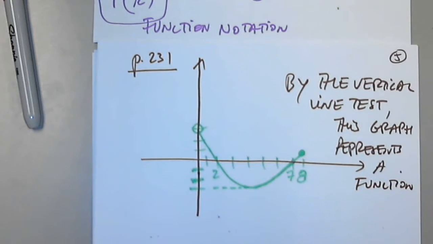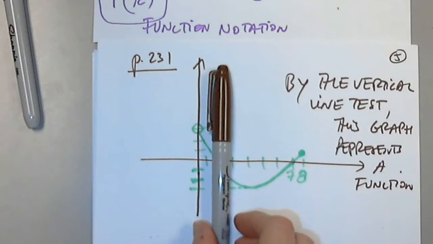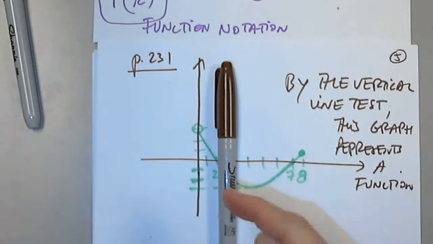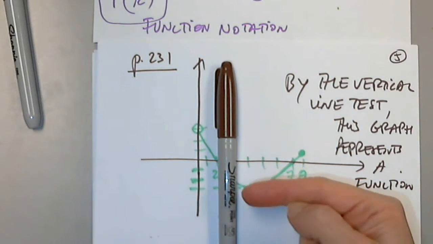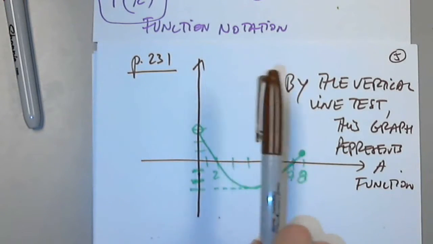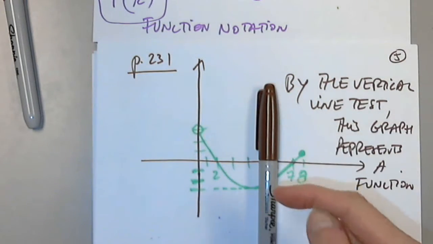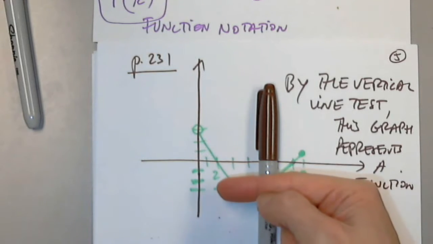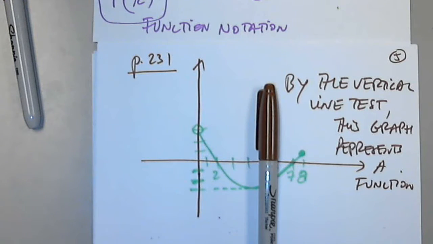What does the vertical line test say? If I draw a vertical line, I see it crosses the graph in one point, and I will be reading only one y value. For this one, it crosses only in one point, and I will be reading only one y value. That's why this is a function.